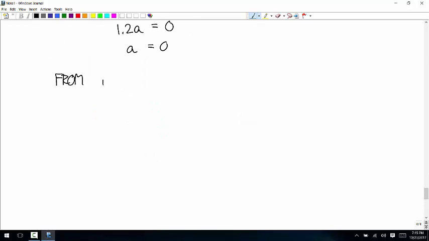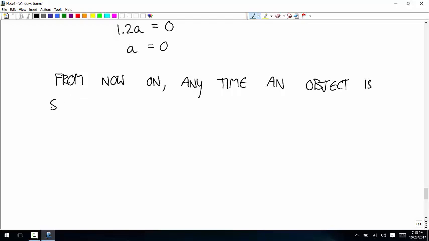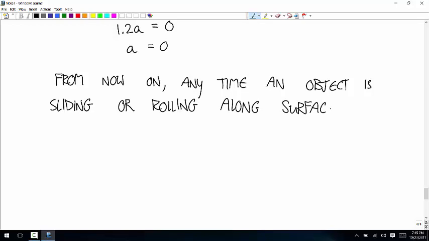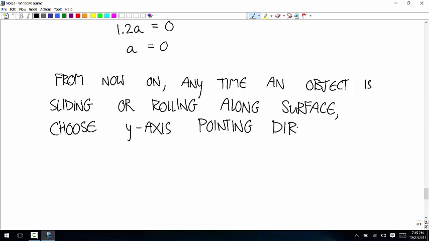So from now on, anytime an object is sliding or rolling along a surface, choose the y-axis pointing directly out of the surface.